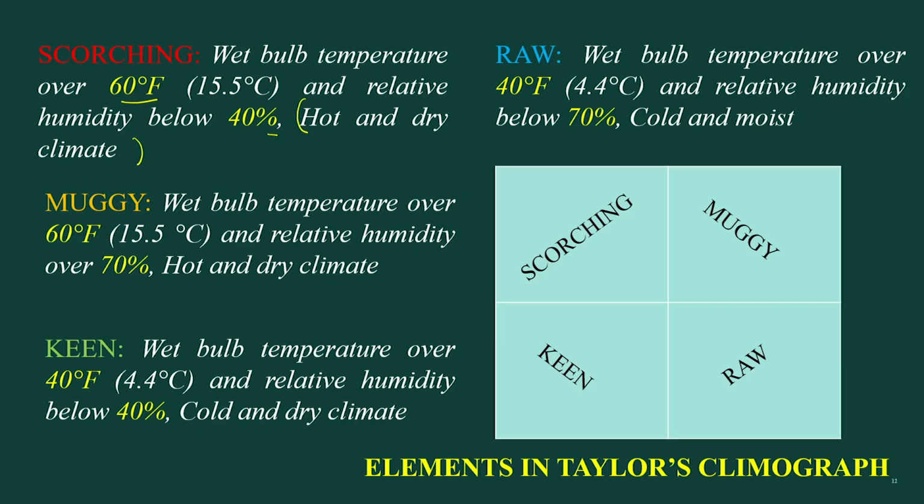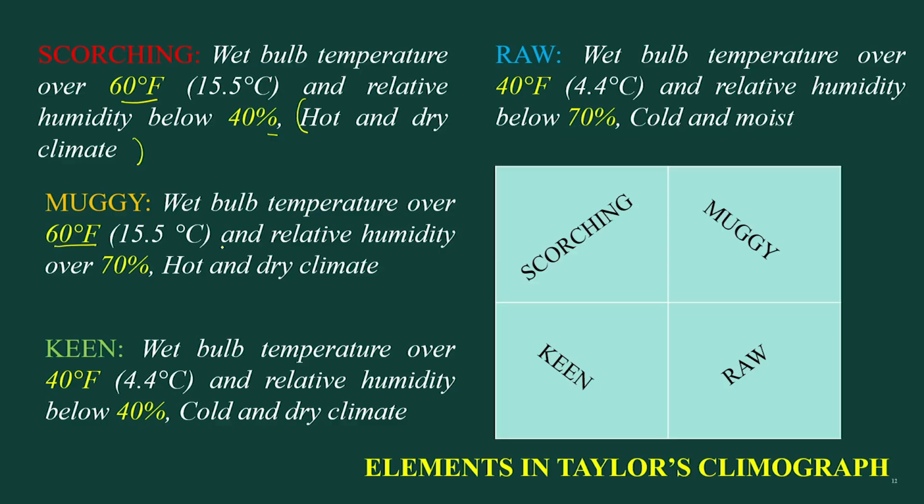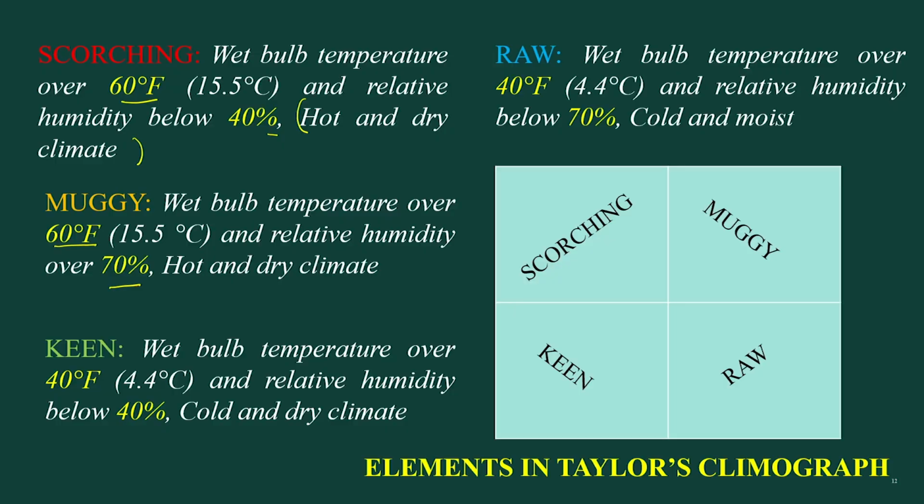Next, coming to the muggy, these are the regions where the wet bulb temperature recorded should be 60 degree Fahrenheit, that is 15.5 degree Celsius as I mentioned earlier, and relative humidity over 70%, and these regions are basically considered to be hot and dry climate.